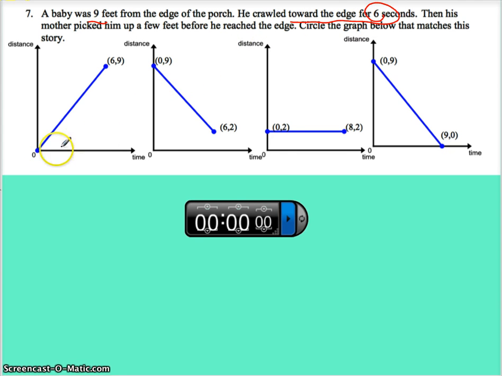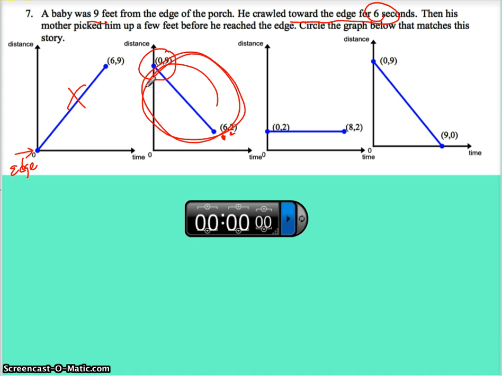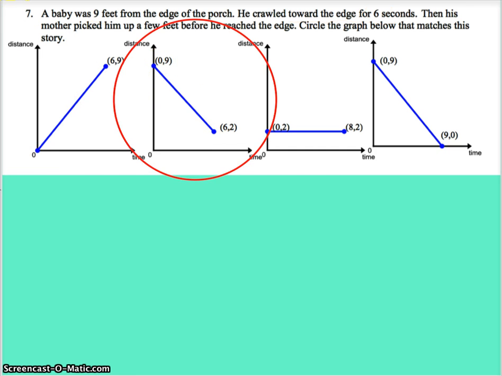Well, if I'm looking at a graph, that bottom part is the edge. When you're 0 feet from the edge, you are at the edge. So he's starting at the edge here. Can't be the case. Here he is 9 feet from it. He never gets it. After 6 seconds, he is stopped. This is the graph that models the story.